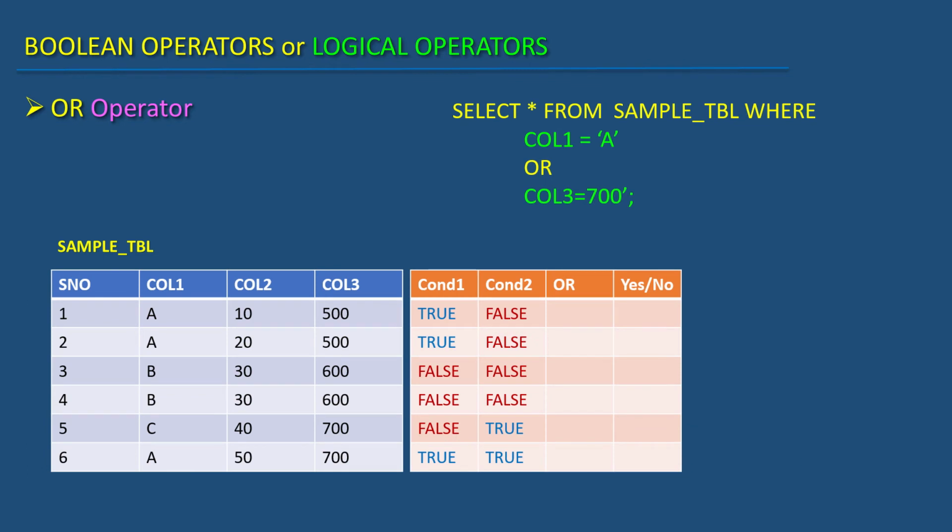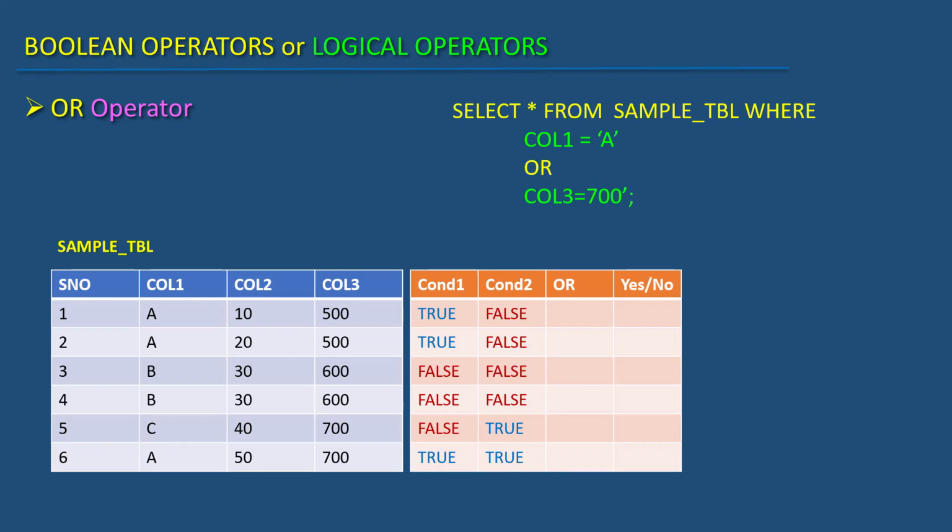Let us take condition 1, which is col1 equals to A, and mark the rows that test true for this condition. For example, row number 1 will test true for condition 1 because the value for column 1 is A, and it will test false for condition 2 because the value of column 3 is 500 and not 700.